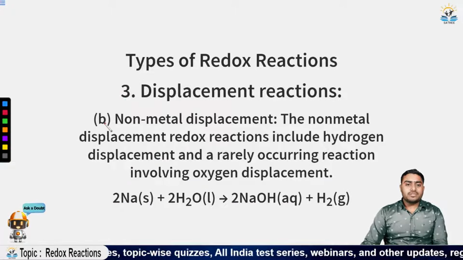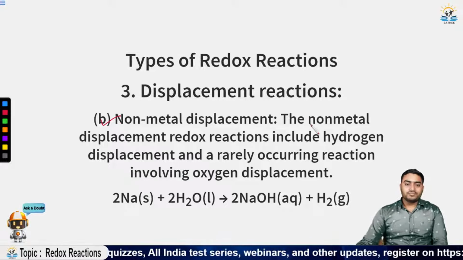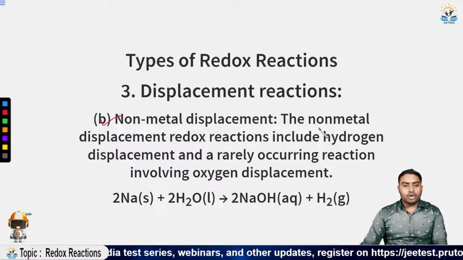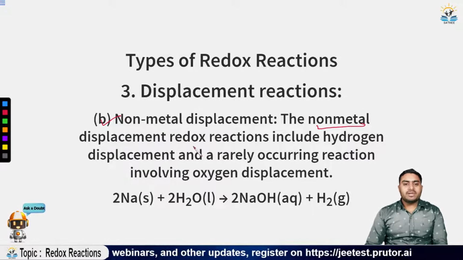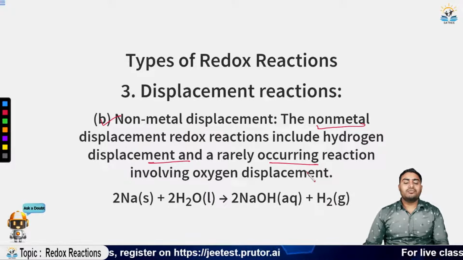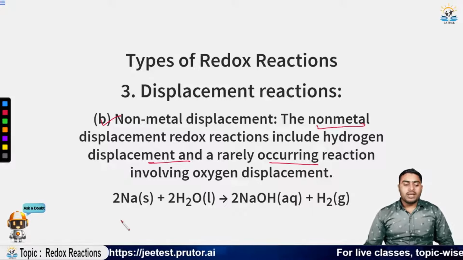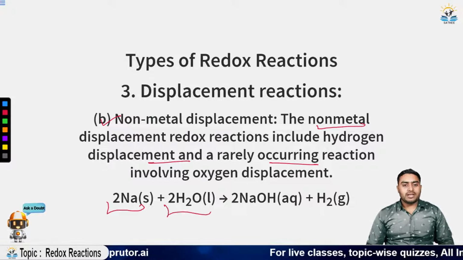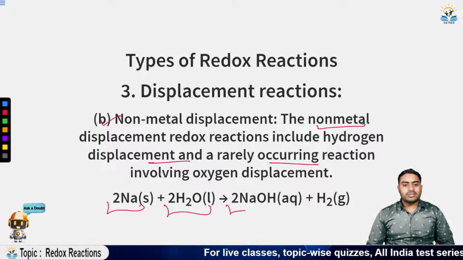The next type of displacement reaction is non-metal displacement reaction. In non-metal displacement reactions, displacement redox reactions include hydrogen displacement, and rarely occurring reactions involve oxygen displacement. Like 2Na, sodium, reacting with water, 2H2O, you will get sodium hydroxide.